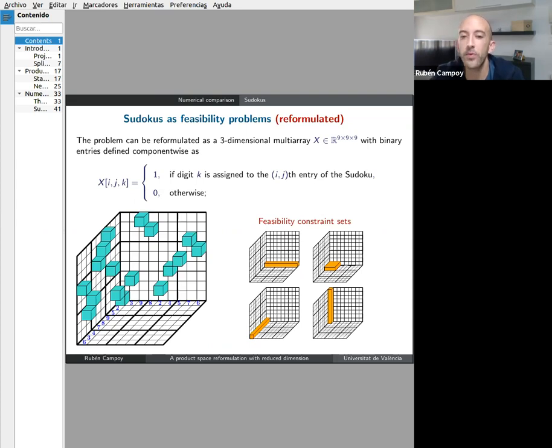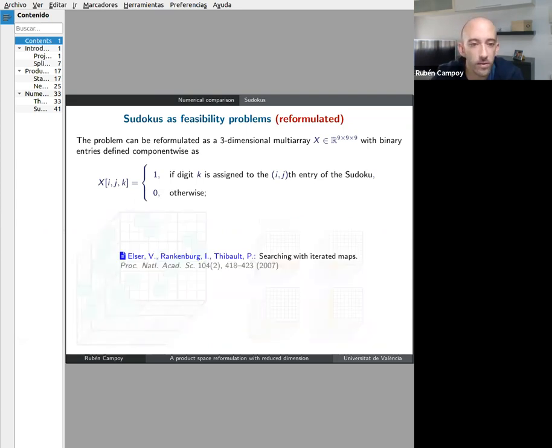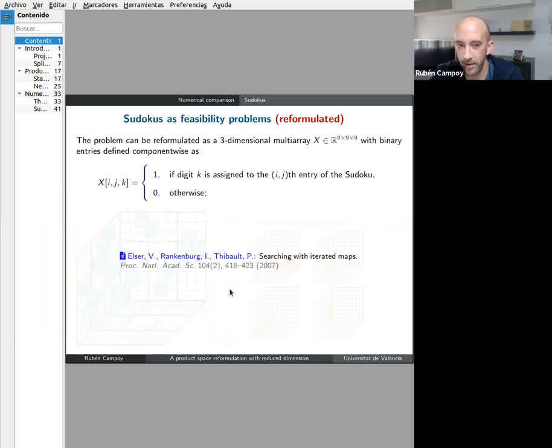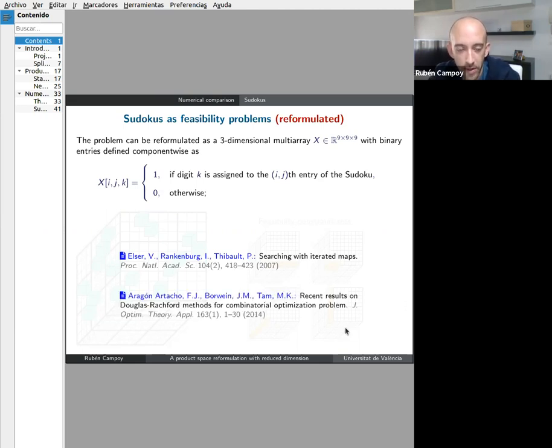So the only thing we need to know is how to project. Just to mention before that, the formulation with indicator variables is actually by Elser, Rankenburg and Thibault in this paper from 2007. But I will take the reformulation with the 4 or 5 constraints that was made by Fran Aragón with Jonathan Borwein and Matthew Tam.